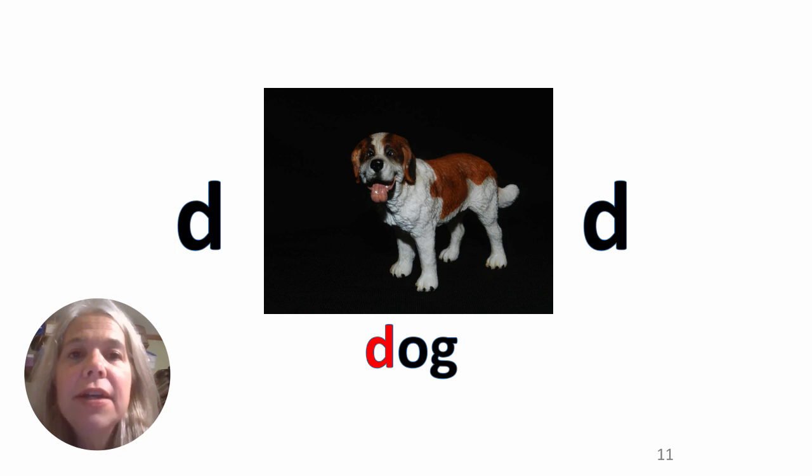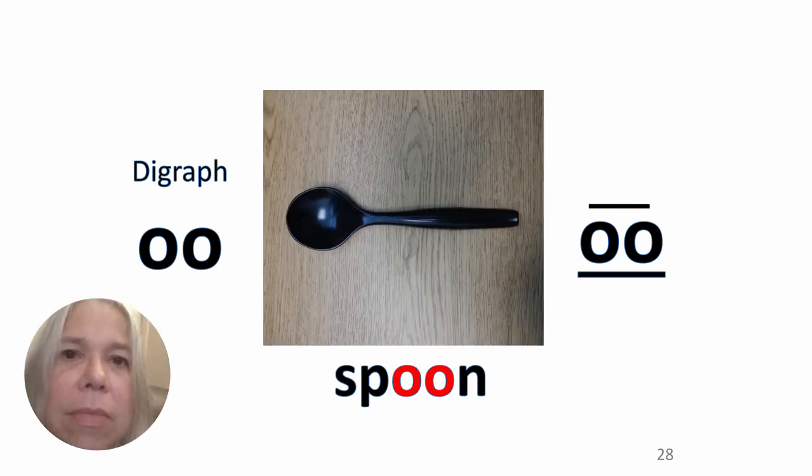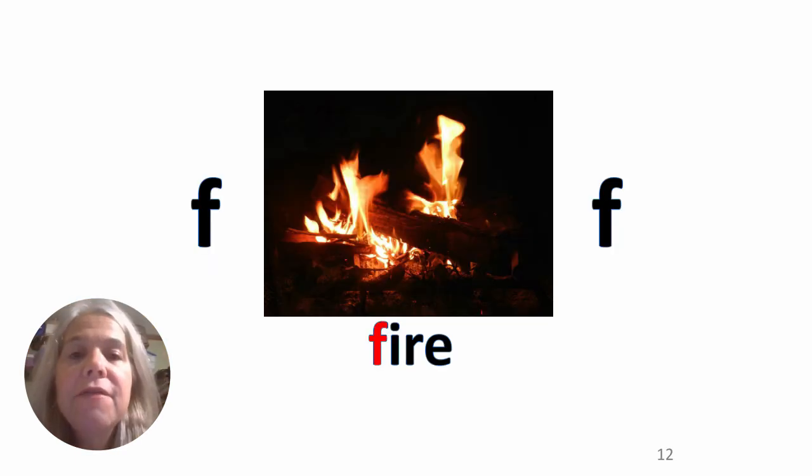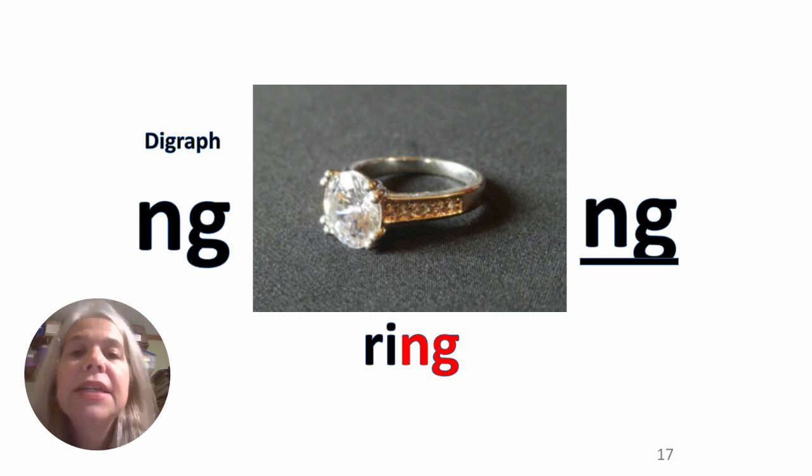D, dog, d. Digraph OO, book, u. Digraph OO, spoon, oo. F, fire, f. L, lemon, l. Digraph NG, ring, ng.